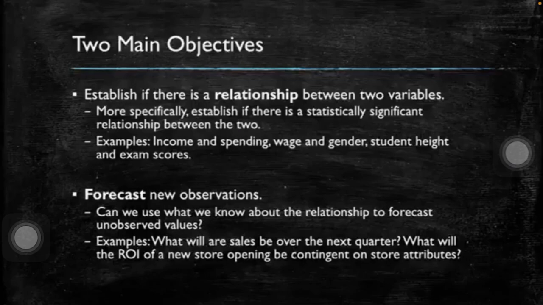So I can say that the sales will be more in the next hour, or the sales will be less in the next hour. All these observations I can explain by using simple linear regression models.